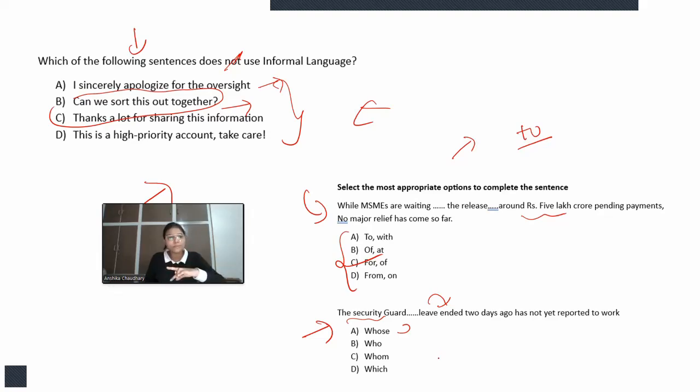"Who" we use for a particular person, but here we are talking about leave: the security guard whose leave ended 2 days ago, right? Now, "whom" is used in the object case, and "which" is used for referring to non-living things, right? So "whose" will be the correct answer.